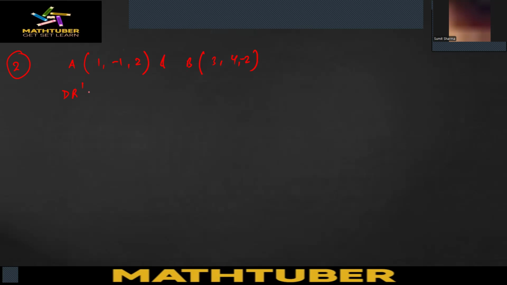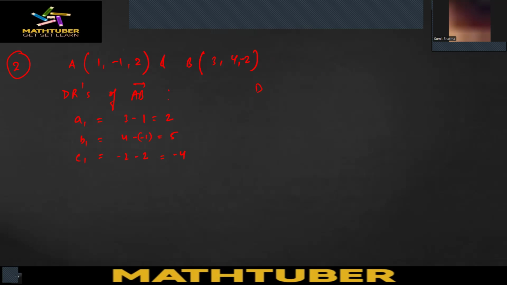So the direction ratios of AB vector, let us take them as A1, B1, and C1, will be 3 minus 1, that is 2, 4 minus 1, that is 5, and -2 minus 2, that is -4.